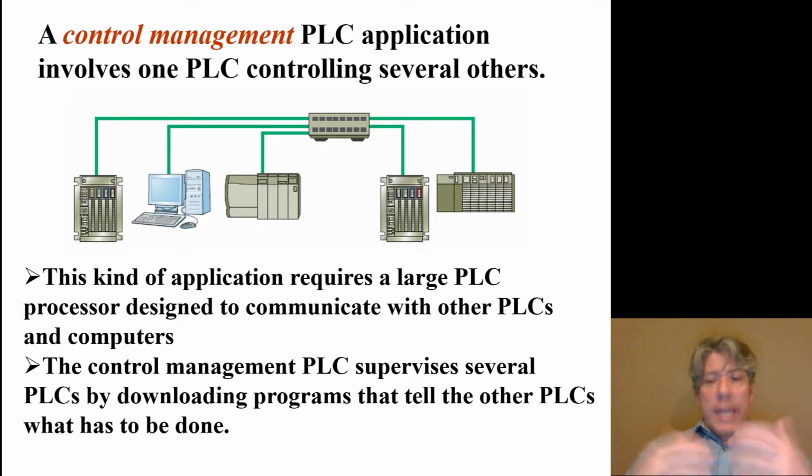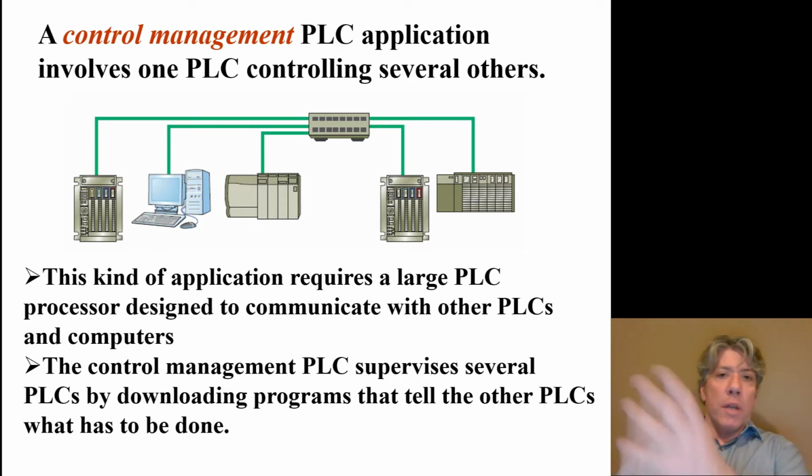So again, the lines can be blurred between these because you might have a machine that there's one PLC controlling most of the process, and then you only have one other machine controlled by a separate PLC. So you've really got two single-ended PLCs talking to each other, and that's about it.